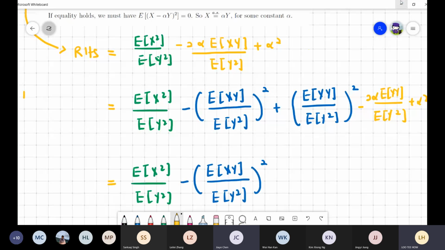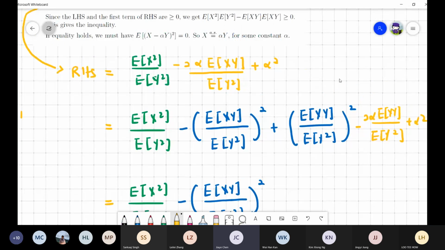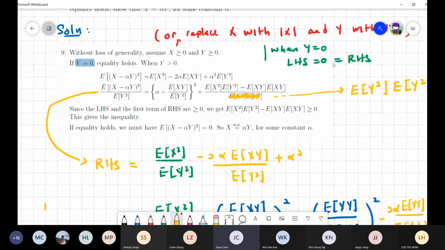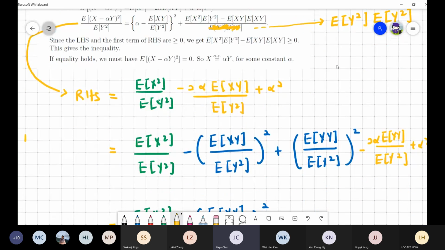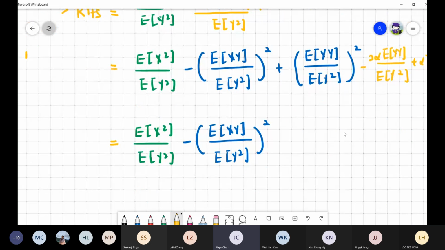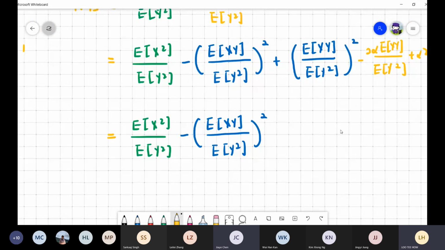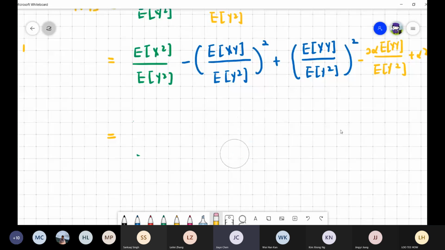So these two remain the same. These two, maybe not remain the same. So these two can become like this.